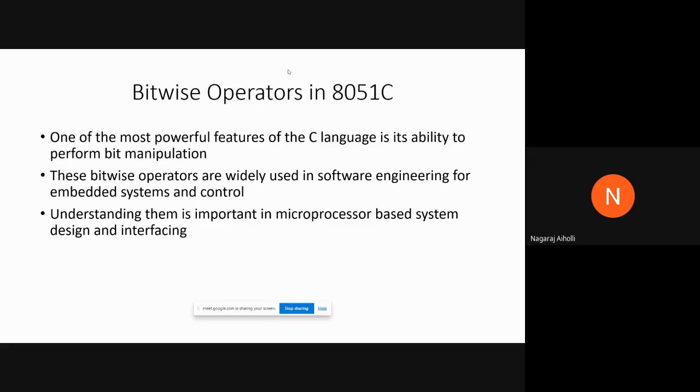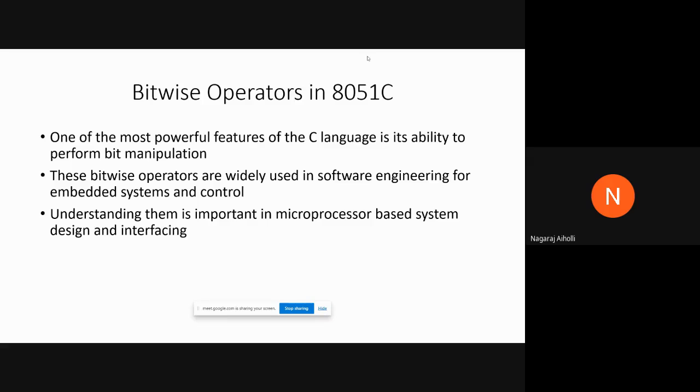So for such applications, this 8051 C language is employed. Bitwise operators of 8051 C language. This understanding of bitwise operators is also useful for interfacing and extension of microprocessors.